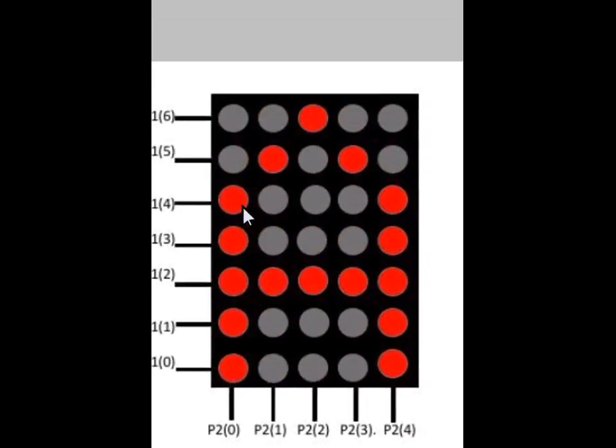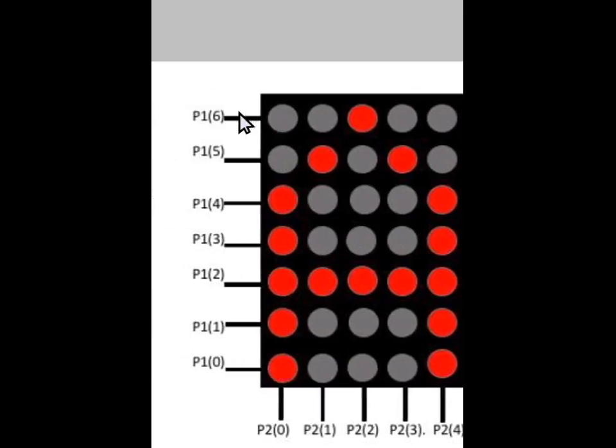If we say that when an LED is on, that should be 1, and when an LED is off, that should be 0, in this case we have 1 1 1 1 1 0 0. You can see it. But when you are programming, we program in bytes.